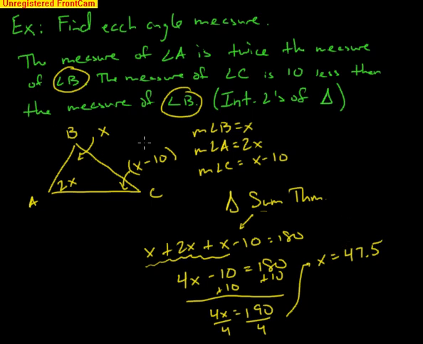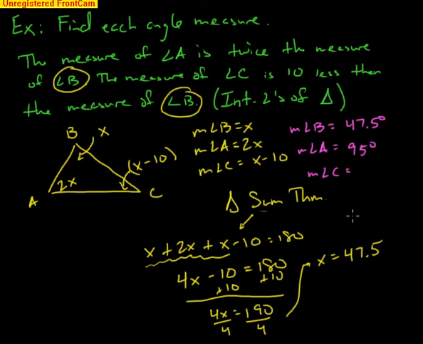So what does that mean to our picture? Well, we just plug them in. The measure of angle B is x, 47.5 degrees. The measure of angle A is 2 times x, 2 times 47.5 is 95 degrees.